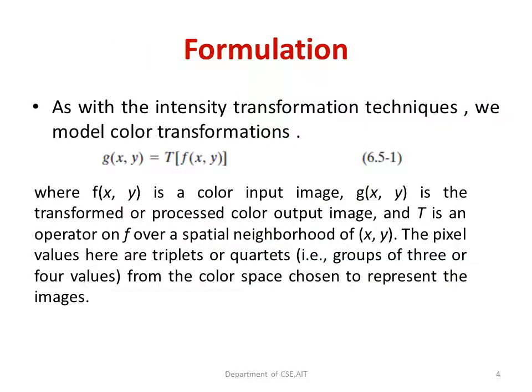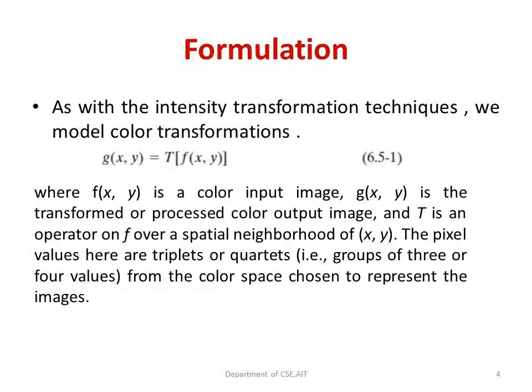Like the intensity transformation techniques we used previously, we can model the color transformation using the expression g(x,y) = T[f(x,y)], where f(x,y) is the color input image, g(x,y) is the transformed or processed color output image, and T is an operator on f over a spatial neighborhood of (x,y).